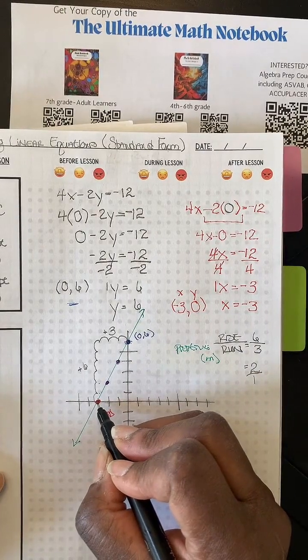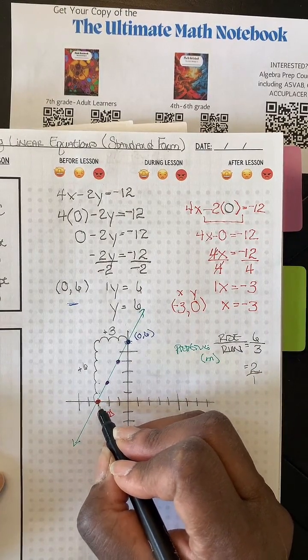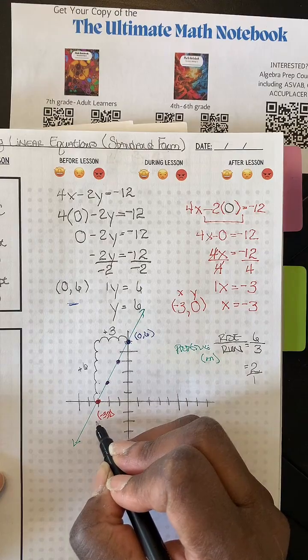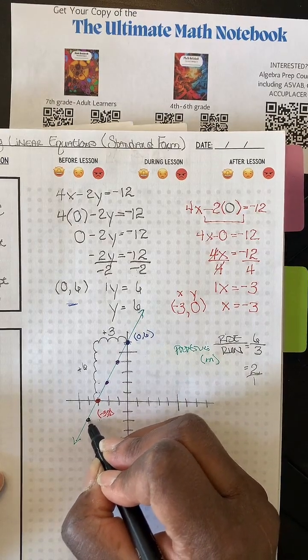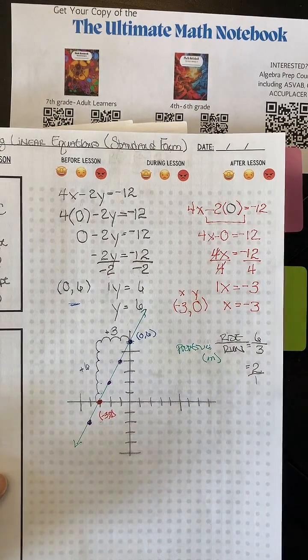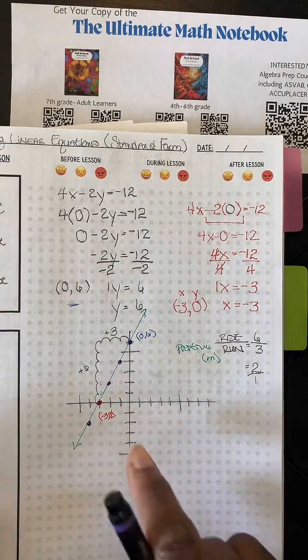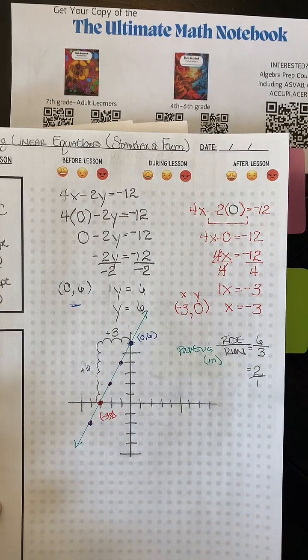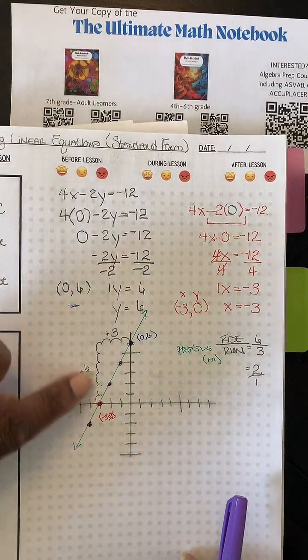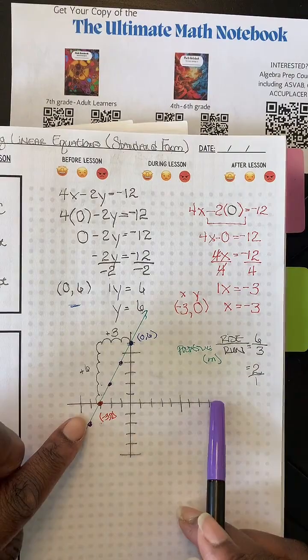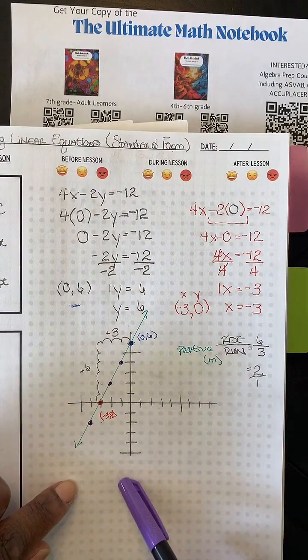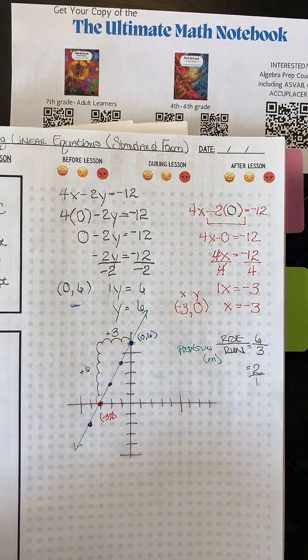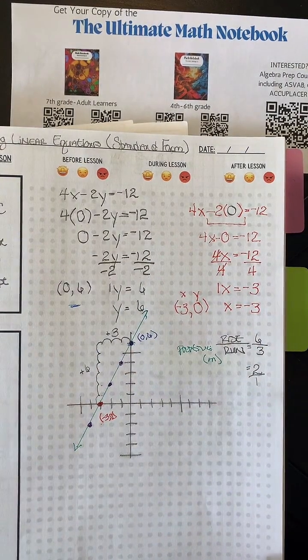If I want to go in the reverse, down 2 but to the left 1, if I drew it properly, that will be on the line. So with slopes, you can go in the positive direction or the negative direction, but we know going up is positive, going to the right is positive, going down is negative, going to the left is negative. That's what we're basically doing here.